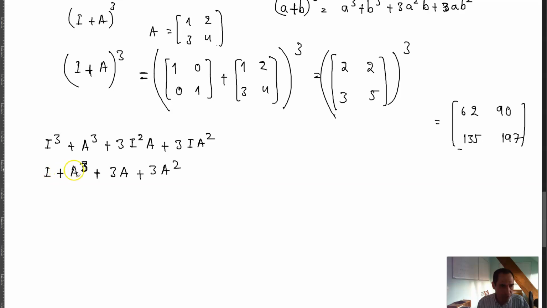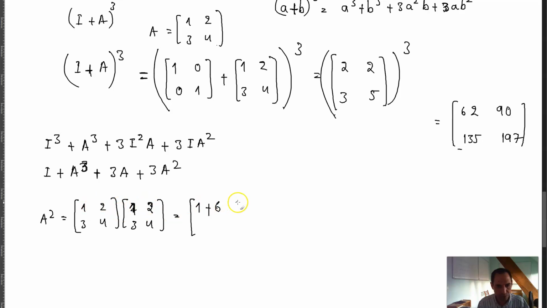So now if A is equal to this, then A squared is going to be equal to [1, 2; 3, 4] times [1, 2; 3, 4], which is equal to 1 times 1 is equal to 1, 2 times 3 is equal to 6, 1 times 2 is equal to 2, 2 times 4 is equal to 8, 3 times 1 is equal to 3, 4 times 3 is equal to 12, and 6 plus 16, right?